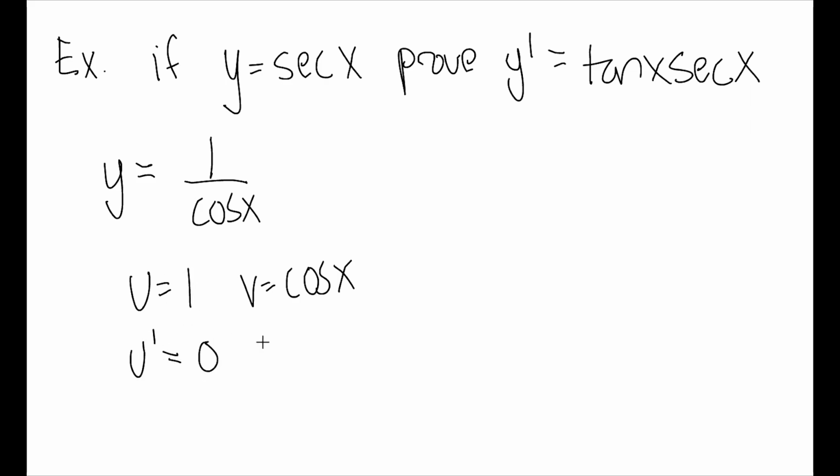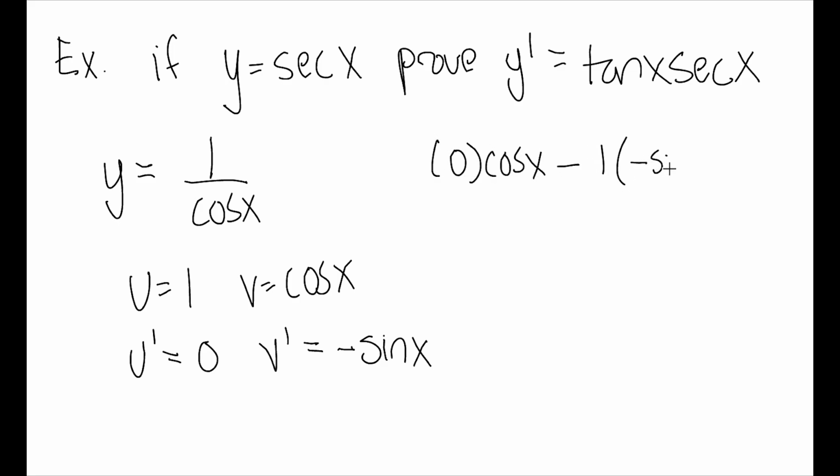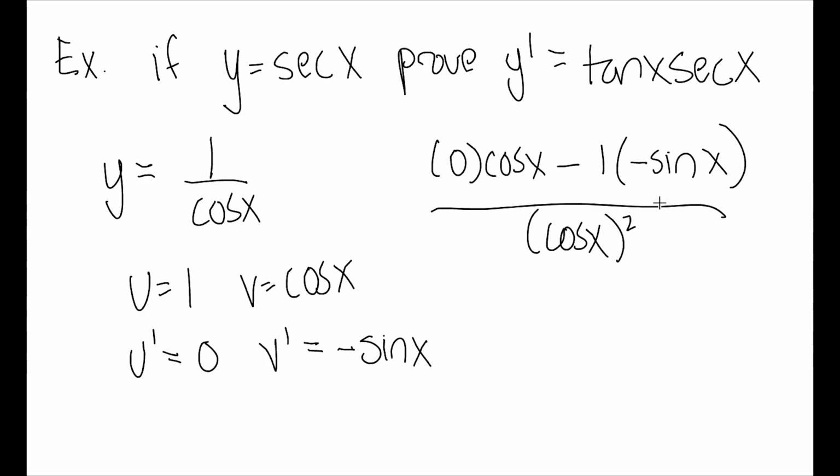The derivative of 1 is 0, and the derivative of cosine x is negative sine of x. Remember that order matters with the quotient rule. So you always start with v times u prime minus u times v prime all over v squared. 0 times cosine x cancels, and you have negative 1 times negative sine x, which becomes positive sine x in the numerator.